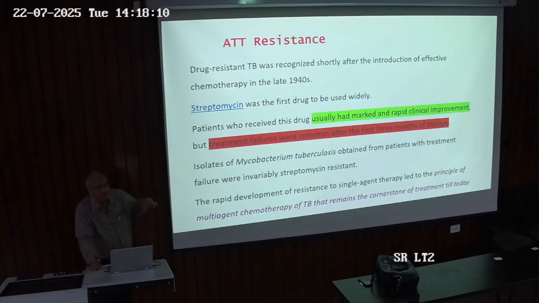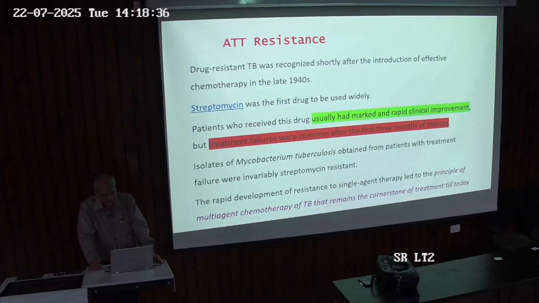So, that was the disadvantage of giving a single drug for a disease. Later on, like in antibiotic resistance, the use of multiple drug therapy was initiated. Isolates of Mycobacterium tuberculosis obtained from patients with treatment failure were invariably streptomycin resistant.